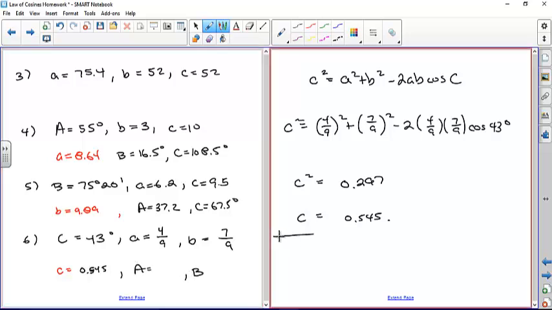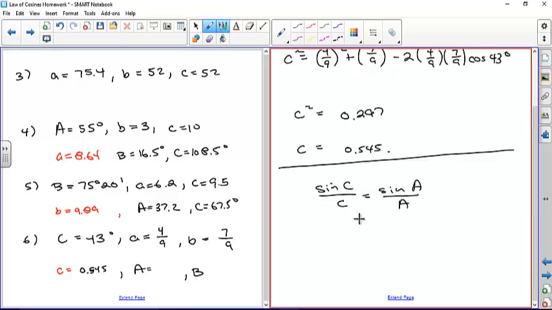So again, I'm going to use the law of sines in this case, just because I can. So it says the sine of C over C is equal to the sine of A over A. Again, just to be different here, I'm going to algebraically solve for the sine of the angle.